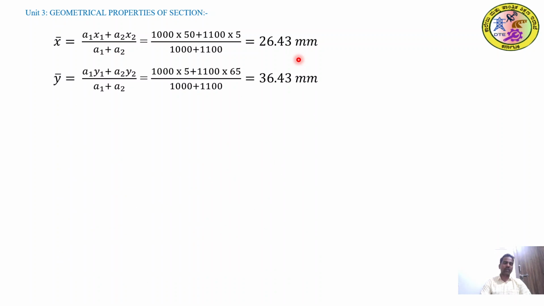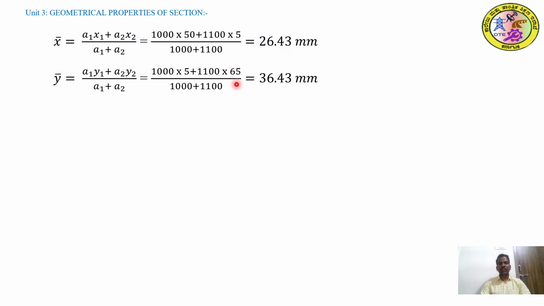Let's go to the y bar. Here it is a1 y1 plus a2 y2 divided by a1 plus a2, where a1 is the area of the first rectangle, y1 is the centroidal distance of the first rectangle with respect to the x-x axis, a2 is the area of the second rectangle, and y2 is the centroidal distance of the second rectangle with respect to the x-x axis.